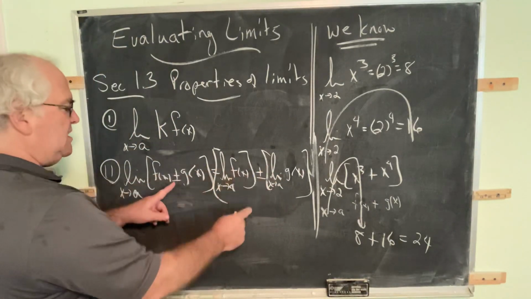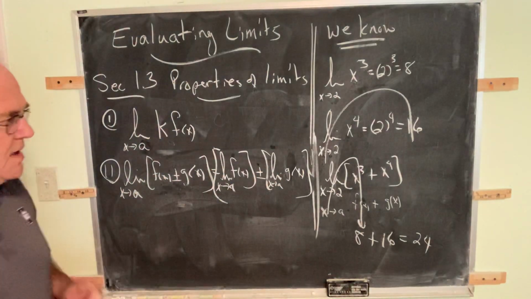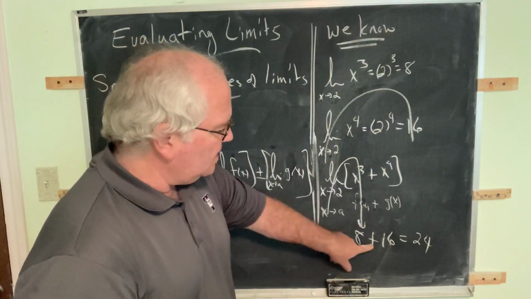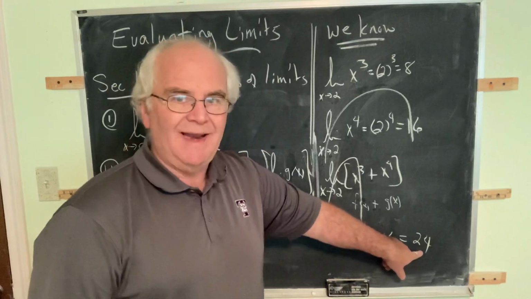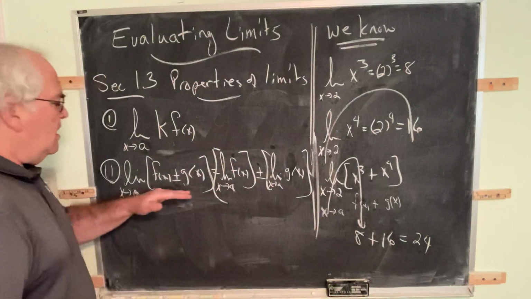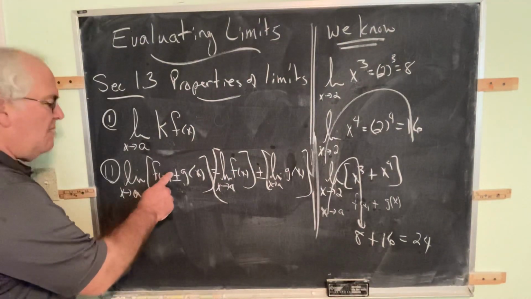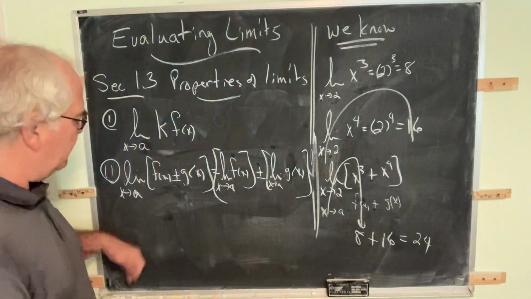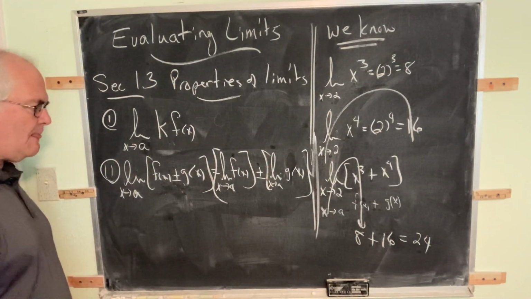If it's plus, it's plus. If it's minus, it's minus. So even if this had been subtract, then this would have been subtract, this would have been subtract, and that would have been -8. All right? So, even though it's actually sum or difference, we typically just say sum. The limit of the sum is the sum of the limits.